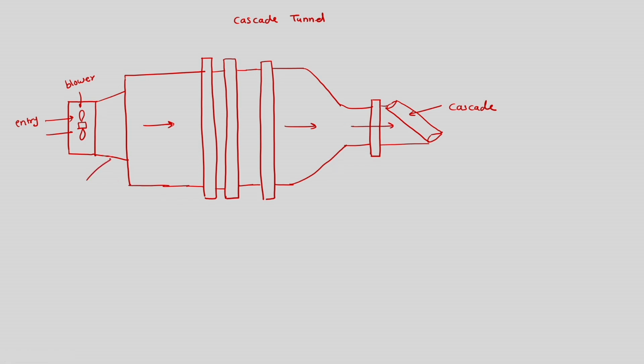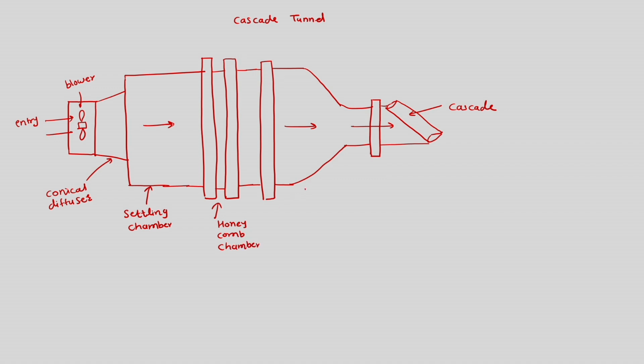In this tunnel, this is the conical section, and it is practically a diffuser, since we are talking about a low speed subsonic wind tunnel or cascade tunnel. And then we have the settling chamber, after the settling chamber we have the honeycomb section or chamber.